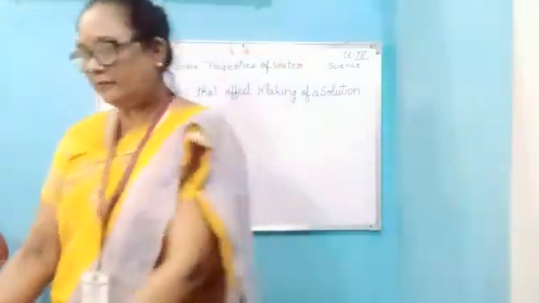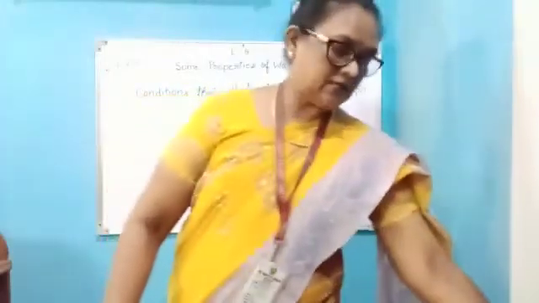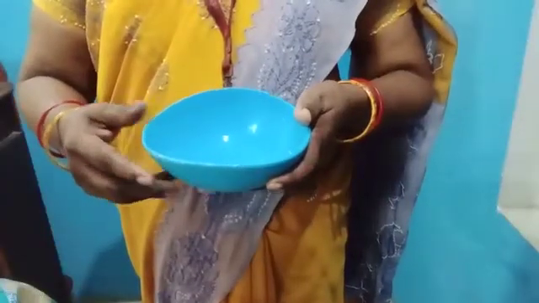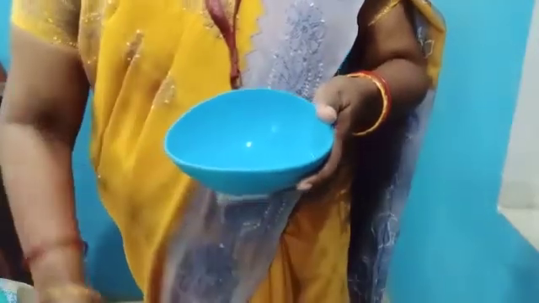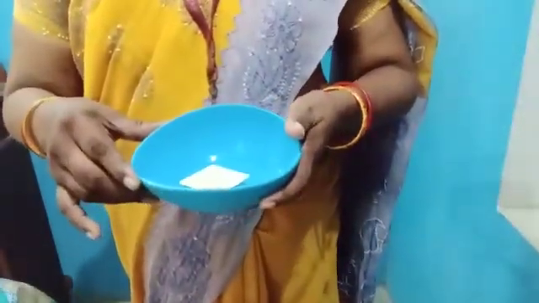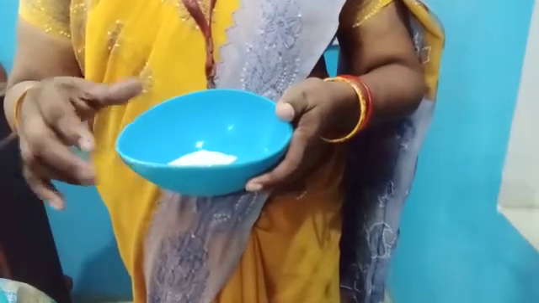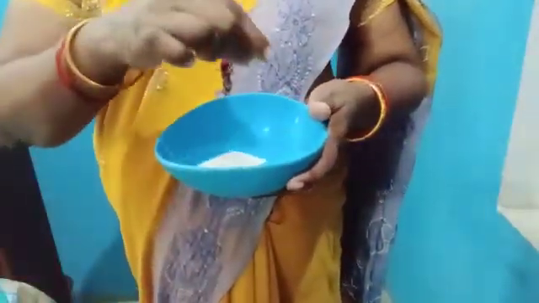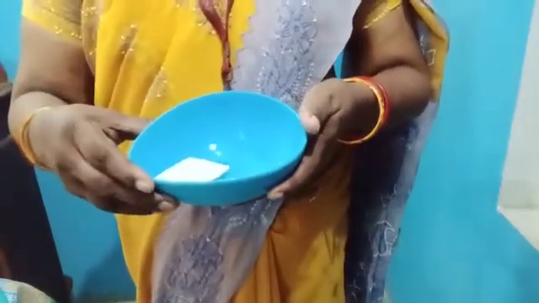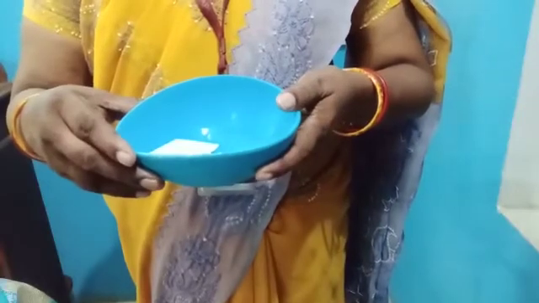If I take a bowl of water and put a piece of paper in it, it will float. It will not sink. And if I take a plastic cork, that will also float on the water. In the bowl it will not sink.